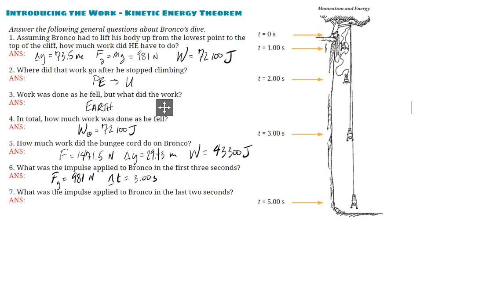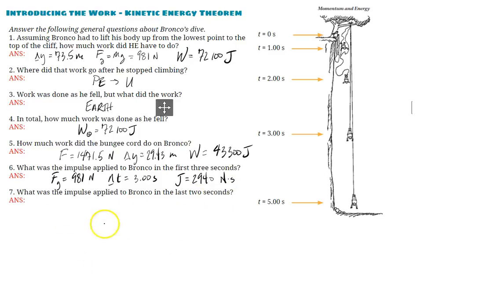So 981 times 3 seconds gives us a total of 2,943. There we go. Whew, man, having a rough time of it this morning. Now be careful when you see that J and that J. Don't forget that they are totally different. This is joules and this is impulse here. So that impulse is 2,940. And remember, impulse is in newtons times seconds.